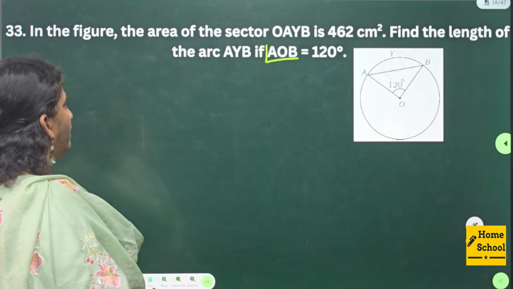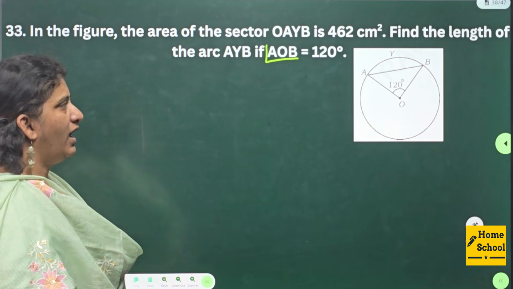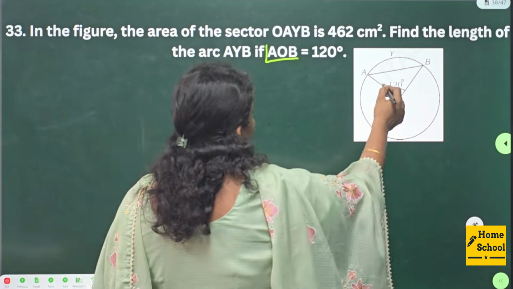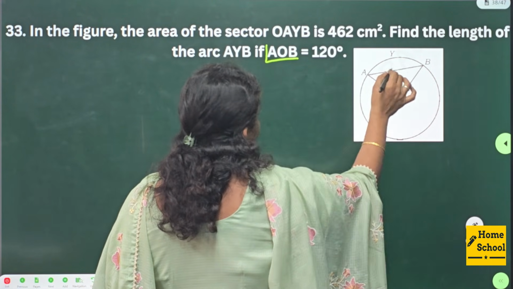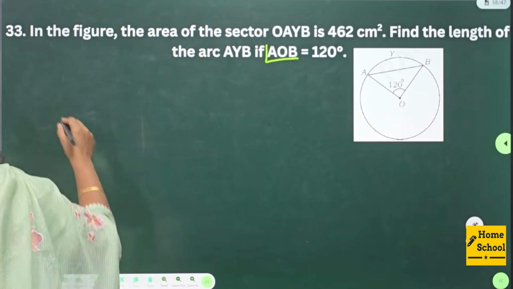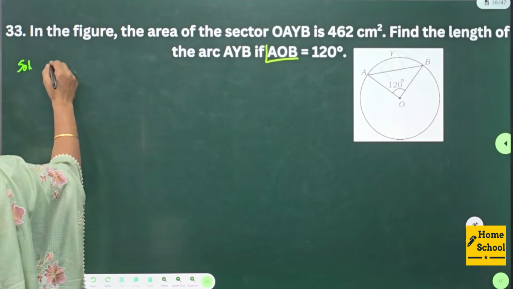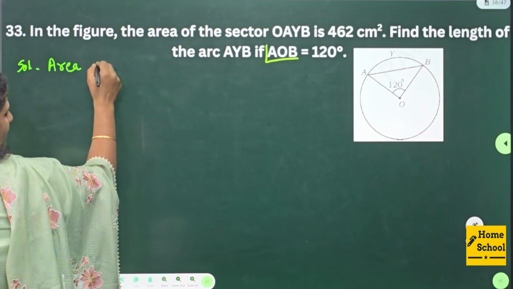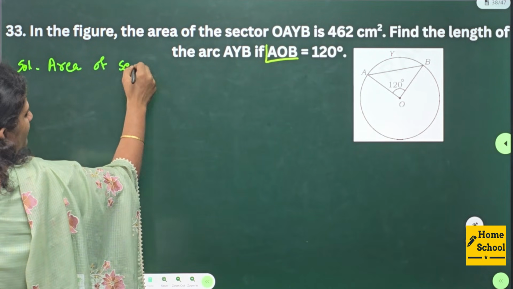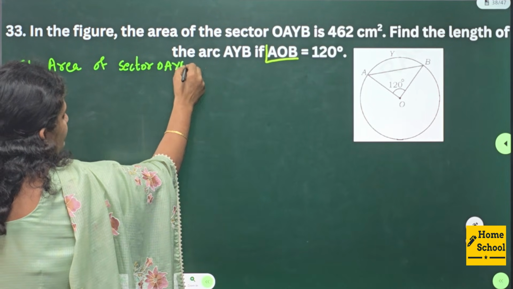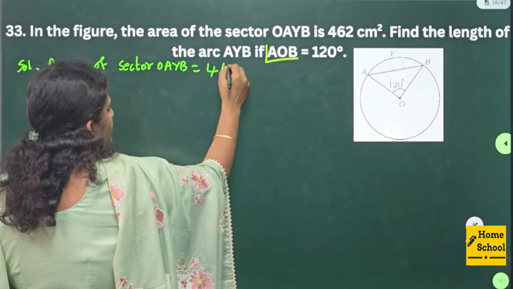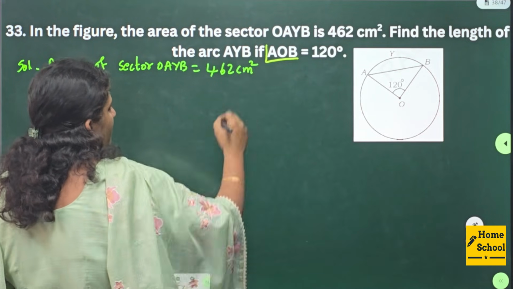33rd, in the figure, the area of this sector OAYB, area of the sector given. What is that? Given area of sector OAYB is equal to 462 centimeter square.